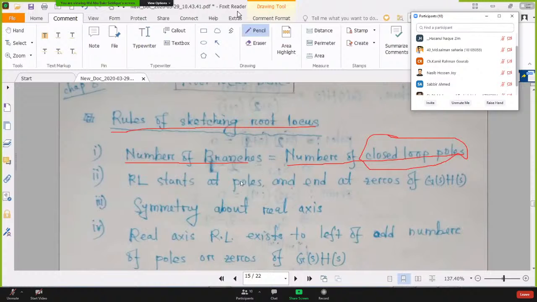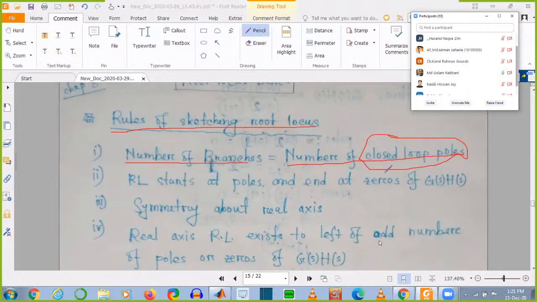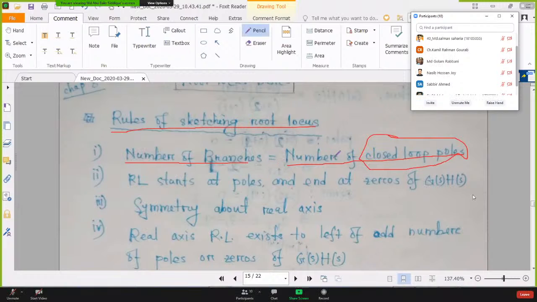The poles are the values of s when the denominator becomes 0. The denominator values are called poles. So, number of branches equals number of closed loop poles. Do you know what a pole is? Can you repeat again? Yes, please repeat.